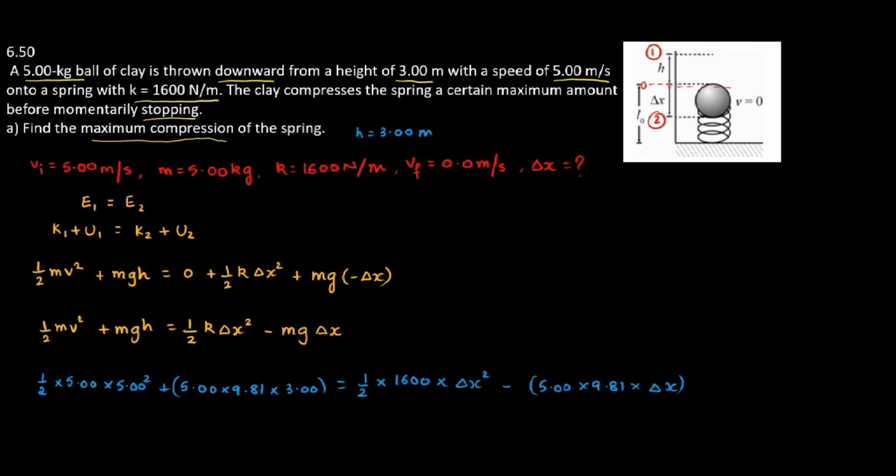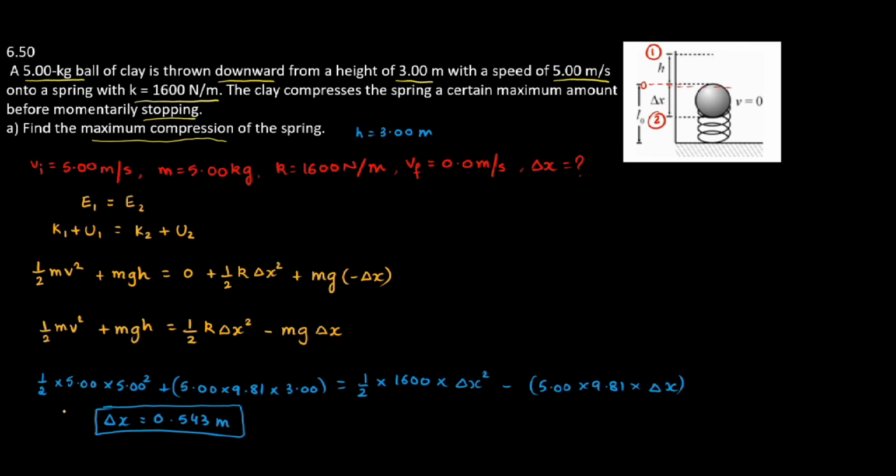So put this in the calculator. If this term is too long, you can solve the individual values, club them together, and then put them in the calculator. When I solve for this, I get my delta x as 0.543 meter.